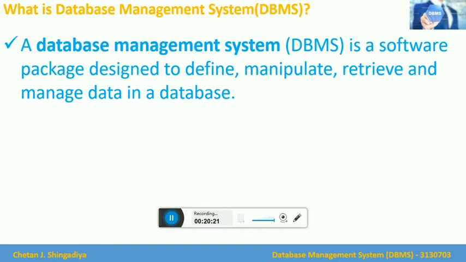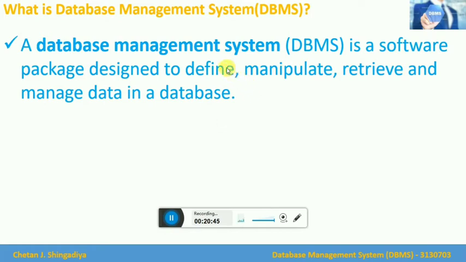A DBMS is a software package designed to define, manipulate, retrieve and manage the data in a database. So the DBMS software is whatever data we have, we are going to organize in the form of tables.